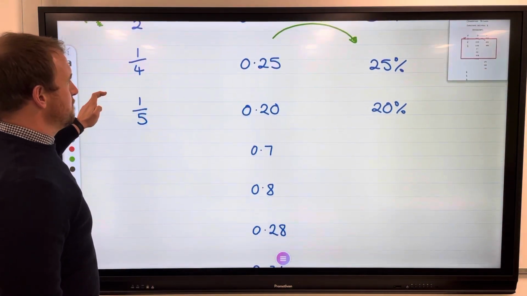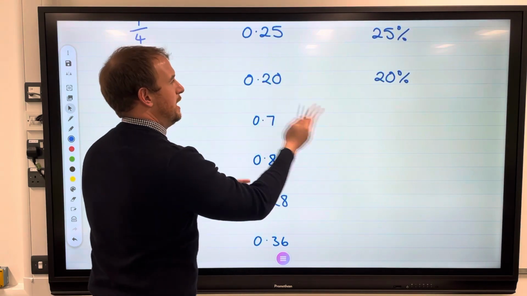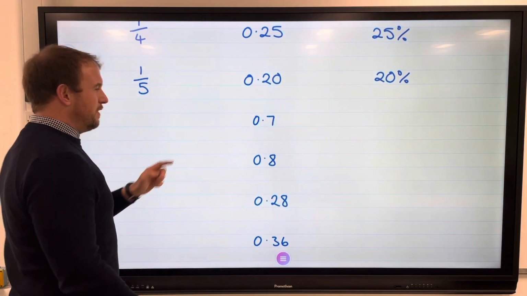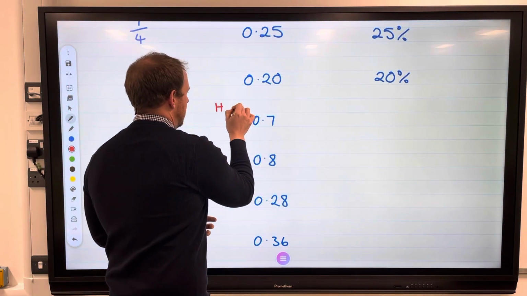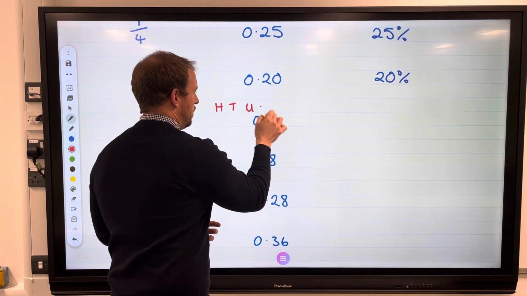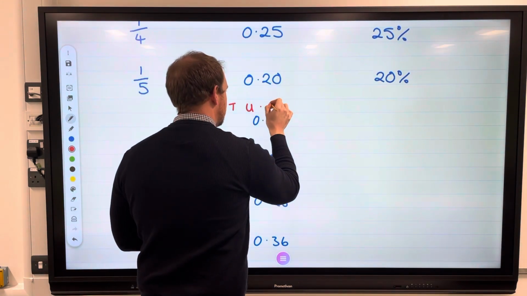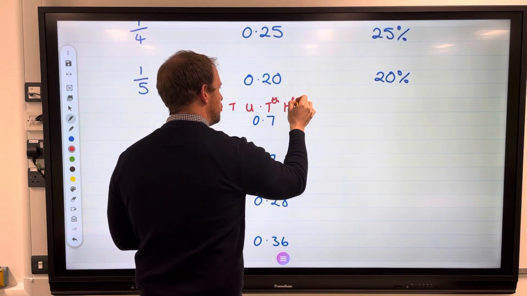How about if we've got the decimal and now we need to work out either side? Well, 0.7. Think of the place value table this time. We've got hundreds, tens, units. What's that first decimal place there? It is tenths. Then we have hundredths.